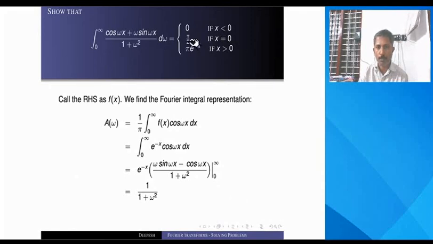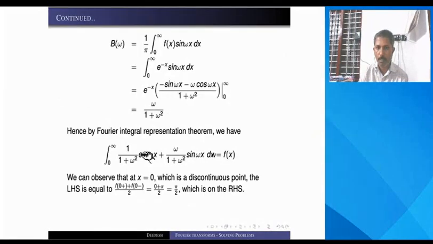Okay, so if it was not pi by 2, suppose I had written it as 10, then also your a omega and b omega will be the same, and you can write this expression, that is f of x equal to this. But you should mention that at a point of discontinuity the value is going to be that value pi by 2. The function's value will not be equal to 10.